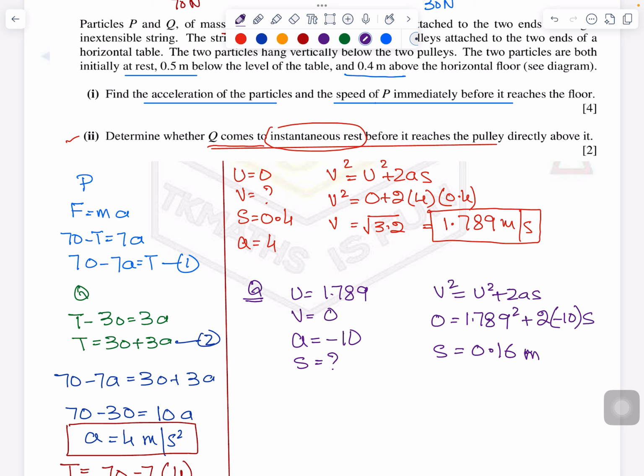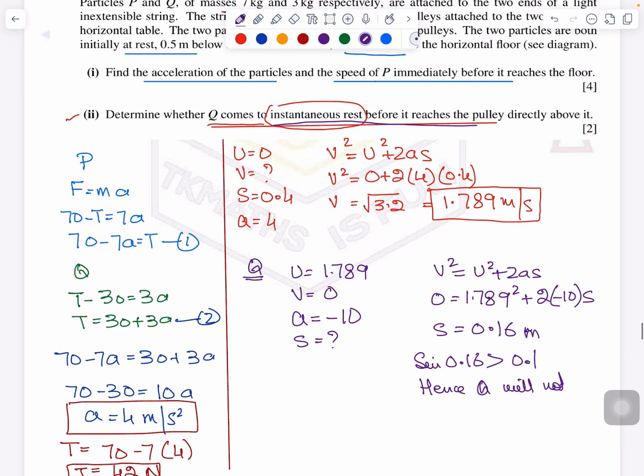So I can say since 0.16 is greater than 0.1, hence particle Q will not stop instantaneously before reaching the pulley. Copy down from here: Q will not instantaneously come to rest before reaching the pulley, right?